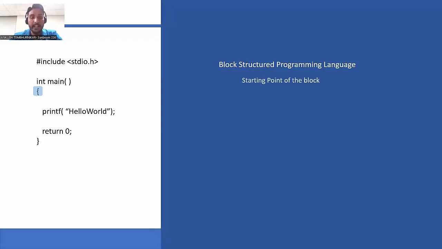Next we have printf hello world. As we said before, printf is a function which is defined in the stdio.h header file. Using the printf function, we can print the output on the screen. Here hello world will be printed as the output. Note this semicolon here, that is important because every statement in C must end with a semicolon.